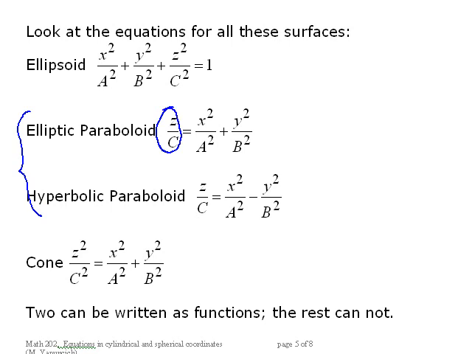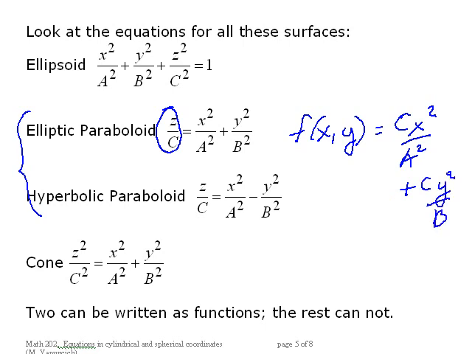All right, so I could write this as some function of x and y equals, and I could put the c over here, cx squared over a squared, I'm going to run out of room, plus cy squared over b squared. So this can be written as a function. This one can also be written as a function because the z is isolated. So in both of these cases, I have some function f which takes two variables x, y and maps them into z.